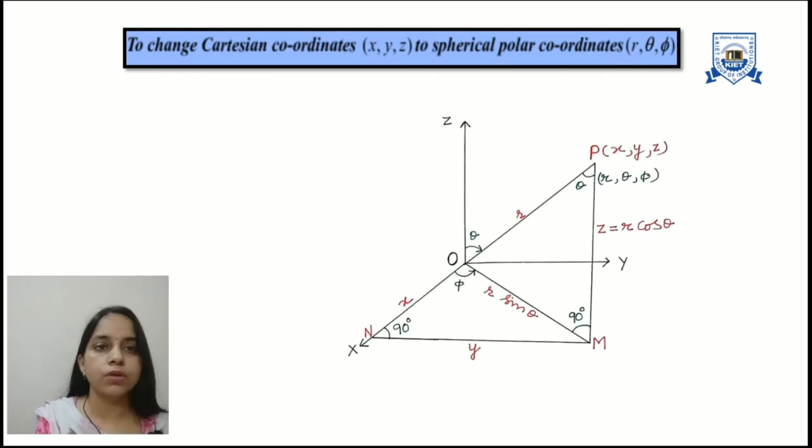Now, we come to change Cartesian coordinates to spherical polar coordinates. In spherical polar coordinates, we have two angles. The angle phi works in the xy plane, where the total angle is 0 to 2 pi, and theta is the angle made by any point on the spherical surface with the z-axis, and the value of theta varies from 0 to pi.